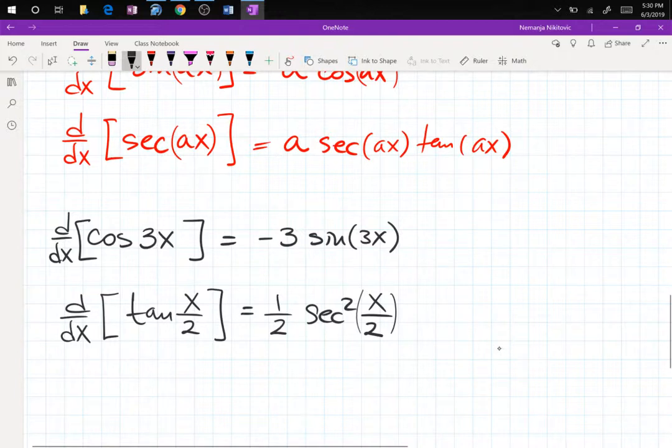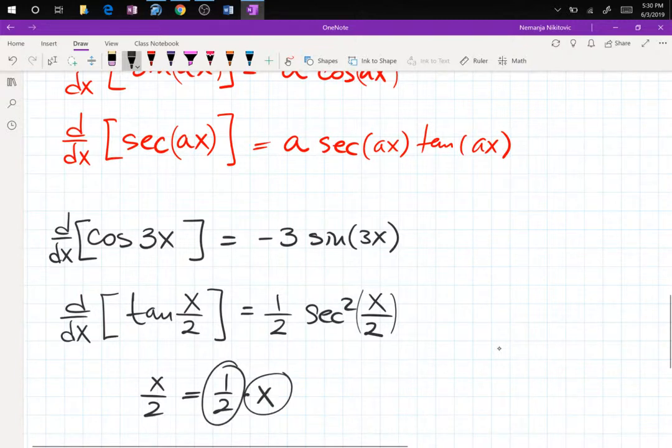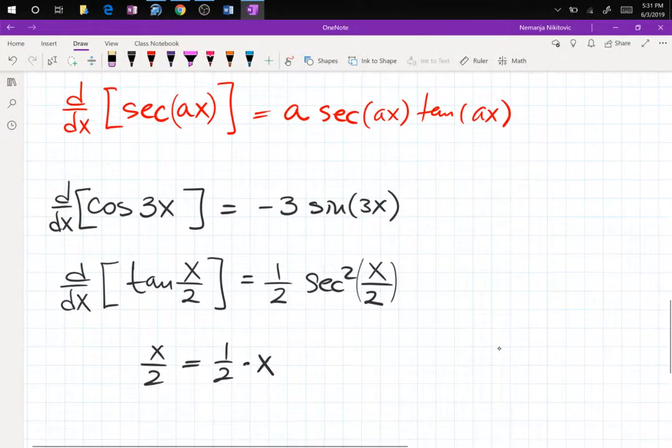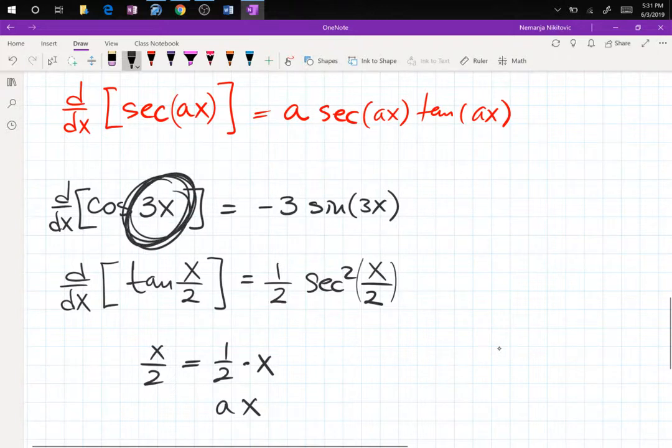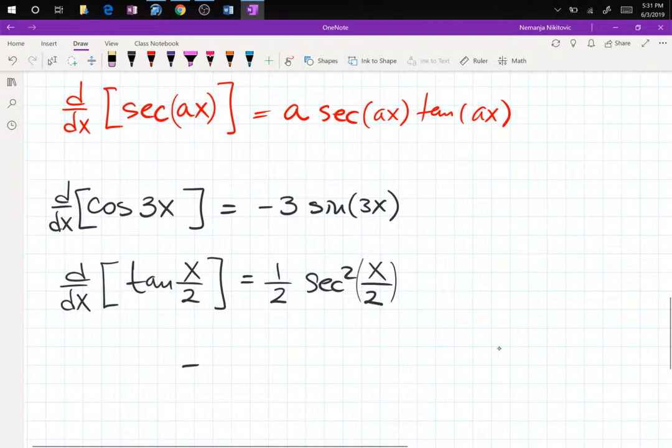No, the a is 1/2 because x over 2 is 1/2 times x. You don't bother x. A is 1/2. You see the 3x over here? It was not 3x over here. It was just 3. So it would be just 1/2.